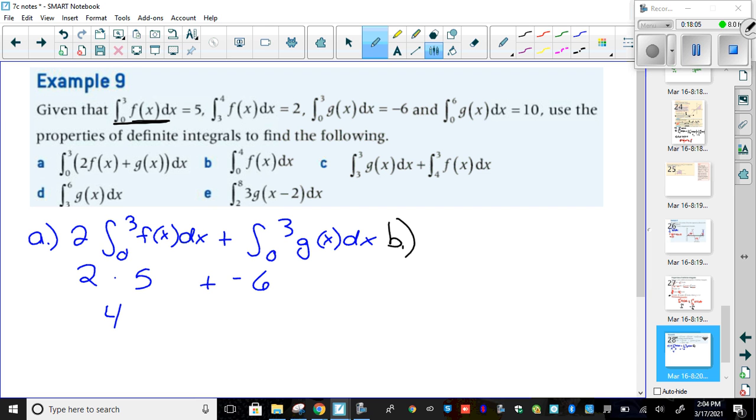So B goes from 0 to 4. None of them go from 0 to 4, so I'm going to have to break it apart. And keep in mind, this is f of x, so I'm looking at my f of x ones. So it's these two that I have to work with.